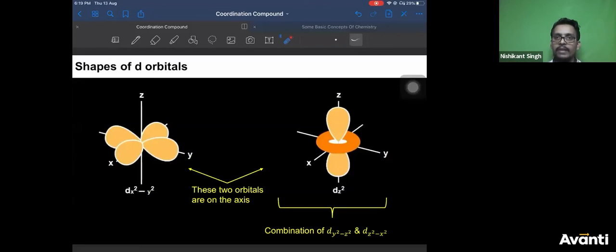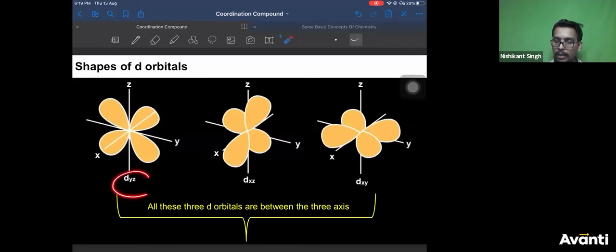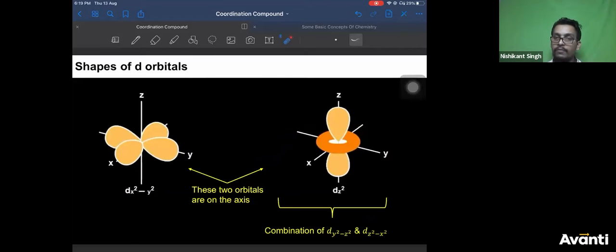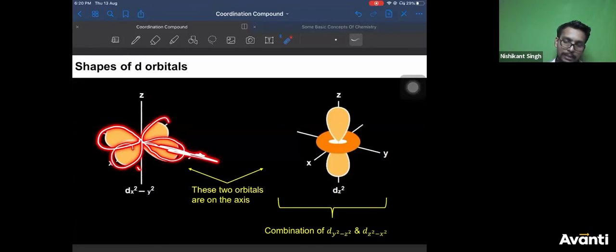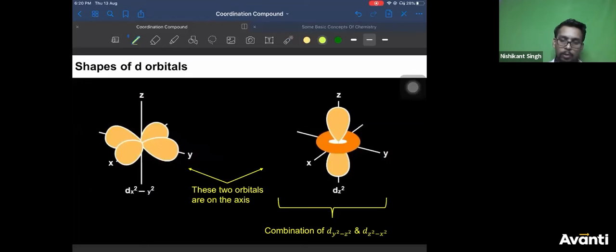So we know there are 5 types of d orbitals: dx square minus y square, dz square, dxy, dyz, and dzx. These are the 5 d orbitals. So what is the difference? See carefully, I am going to write it here parallelly. The lobes, meaning electrons, of the dx square minus y square orbital lie along the x-axis and y-axis.